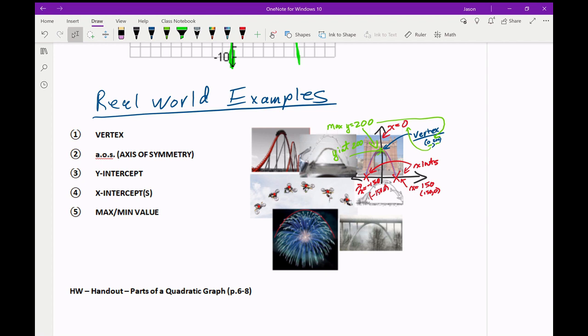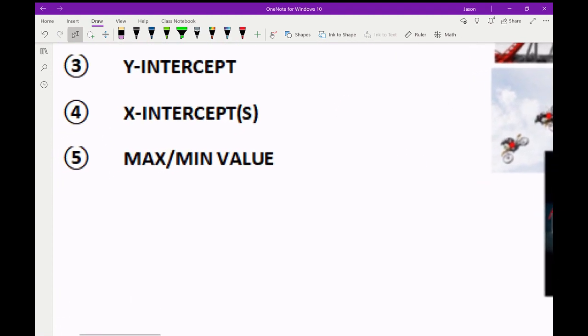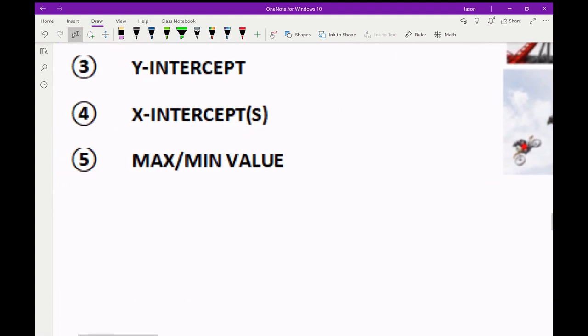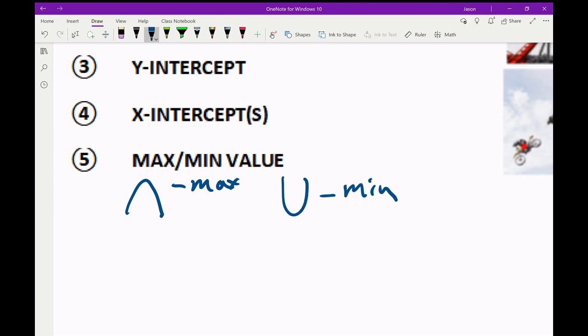Draw that into some of the pictures, and tell me what the maximum or minimum value is. You need to remember certain concepts for the max and min. When my graph looks like this, then we have a max. When our graph looks like this, we have a min.